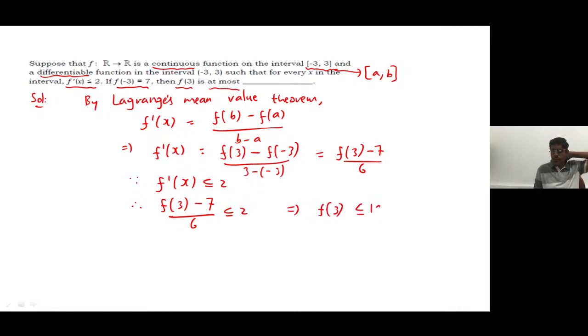So f of 3 can take 19 or below 19, that is 18, 17, 16, 15 up to so many numbers. Of all these, maximum is 19, maximum is called at most here. So therefore f of 3 is at most 19. So 19 is the answer.